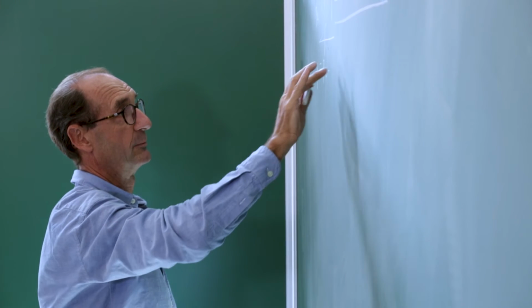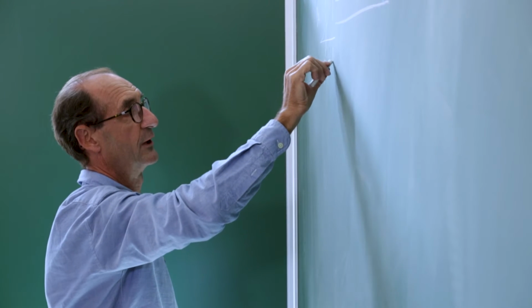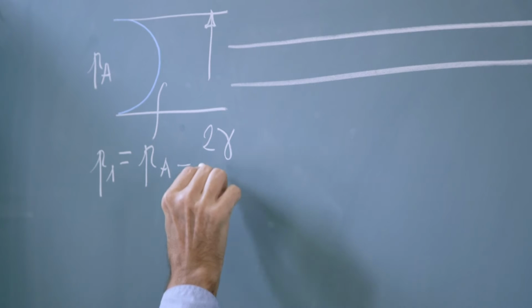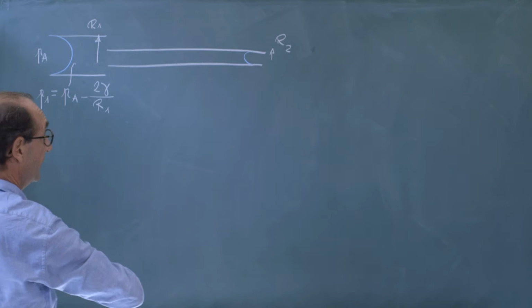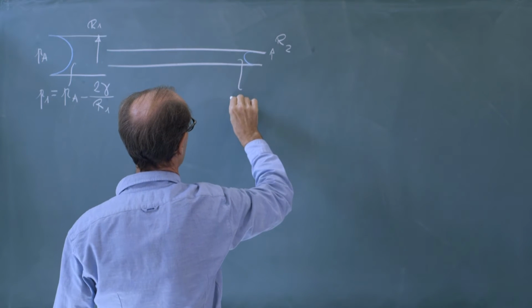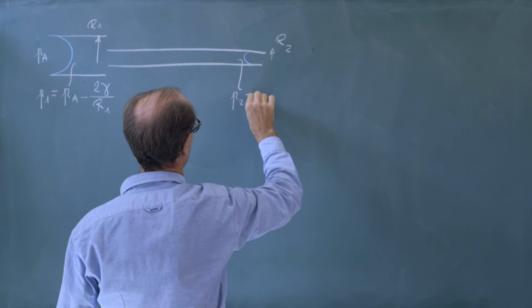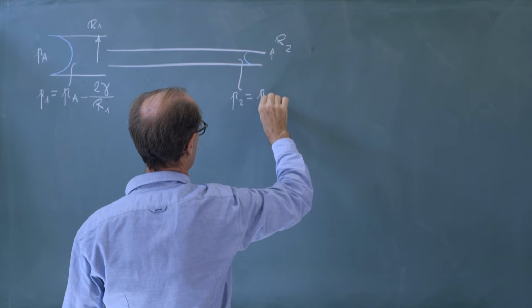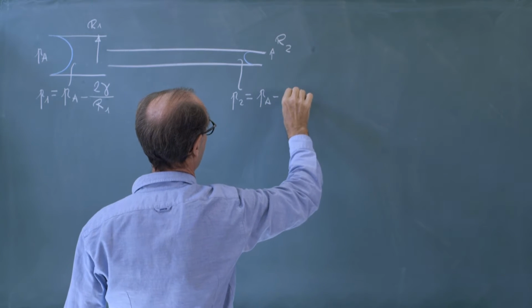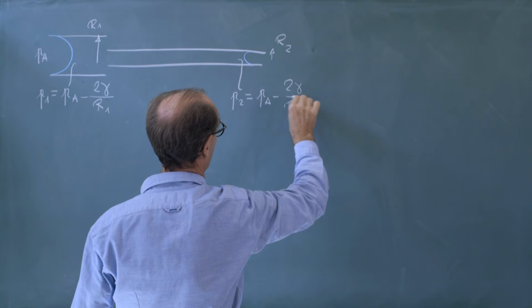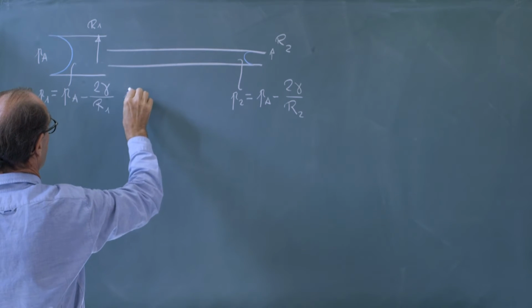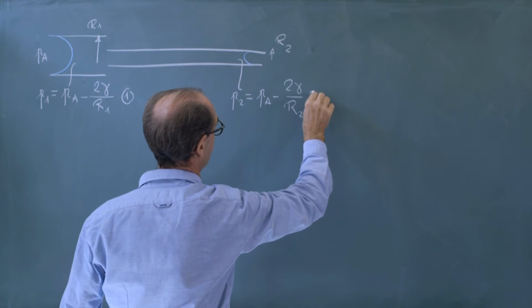minus the capillary pressure, which is equal to 2 times the surface tension gamma, divided by R1. On this side, we have a pressure P2 equal to the atmospheric pressure PA minus 2 gamma divided by R2. This is our equation 1, and this is our equation 2.